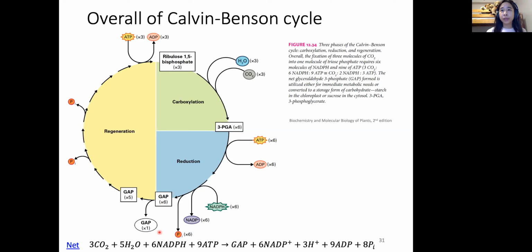If you have too much NADPH and it cannot be used for the Calvin-Benson cycle, NADPH has a very high reducing power. It can give electrons to many components in the cells. Once those components get more electrons, it is not a good thing because when they get electrons, they become more excited and it becomes toxic to the cells.